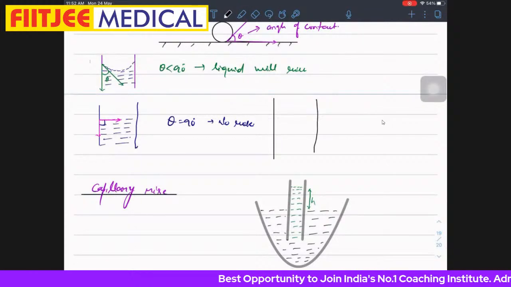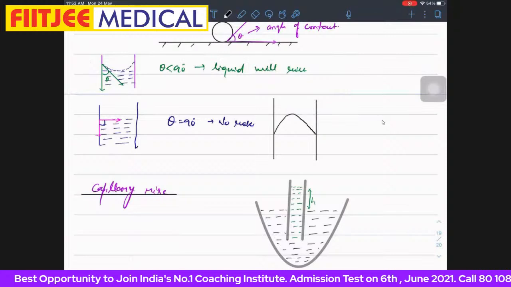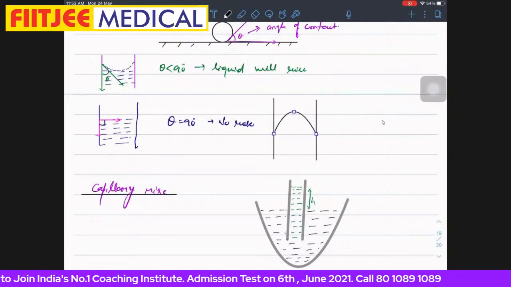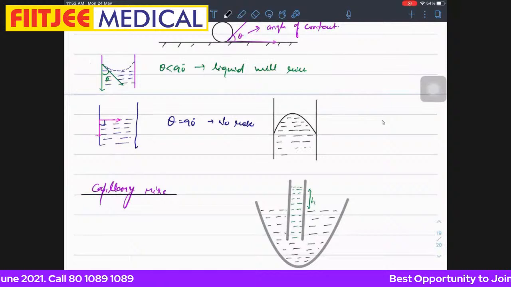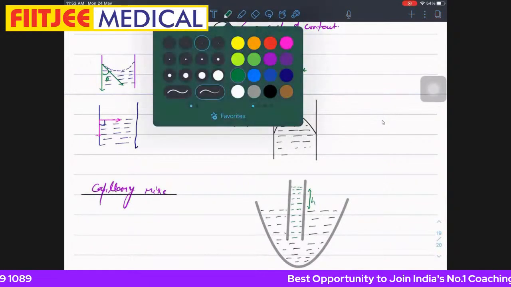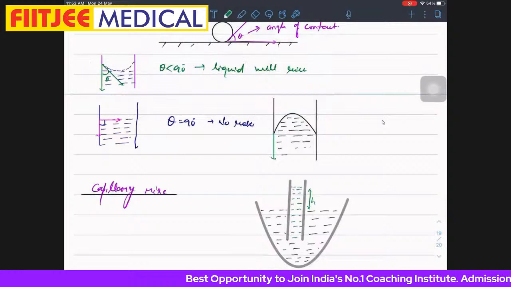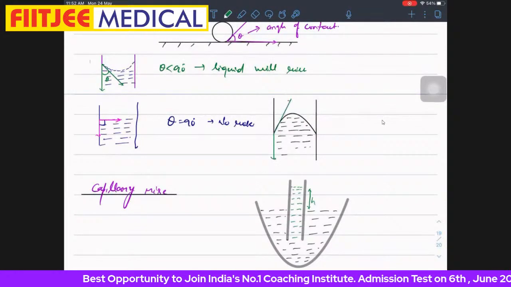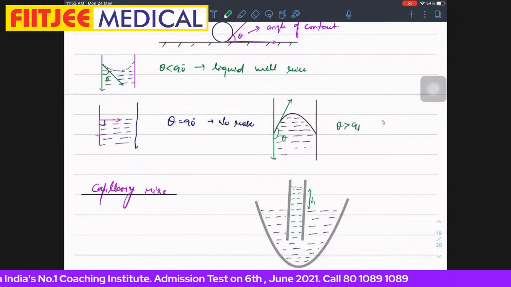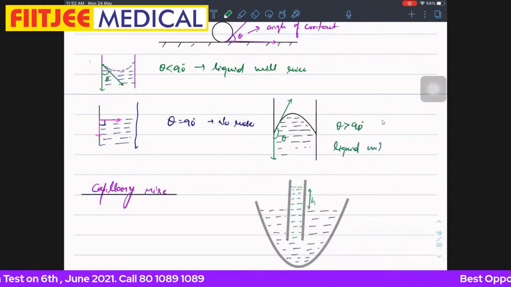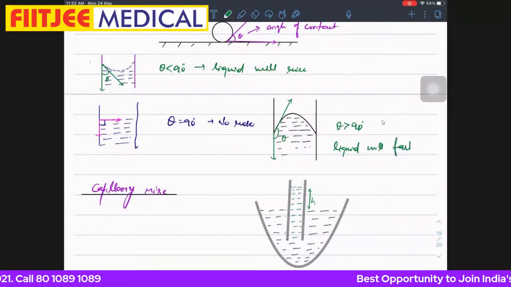Instead of rise, liquid will depress. Here liquid will go down. So here the contact angle theta is greater than 90-degree. Here liquid will fall. Fall means with respect to another surface it will go up.